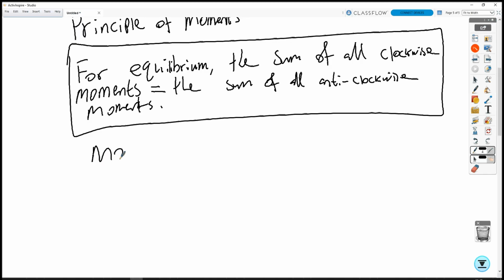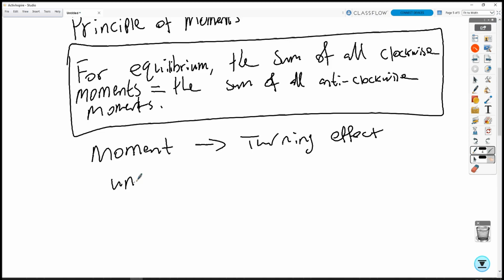So a moment is the turning effect, and the units for it are Newton meters. Not newtons per meter, Newton meters.